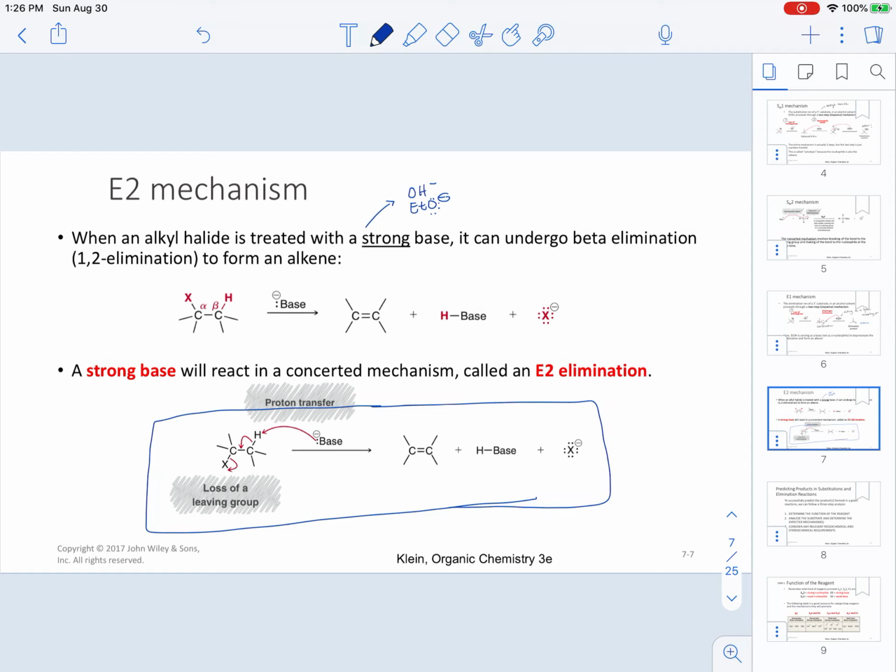Then that is going to lead to the formation of the carbon-carbon double bond and the loss of the leaving group. So at the end of the day, this is an example of also a concerted mechanism. It happens all at once. It happens simultaneously. And overall, we form the alkene, we form a protonated base, and the anion for our leaving group.